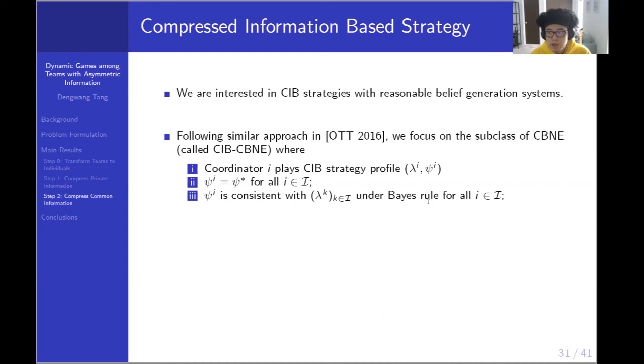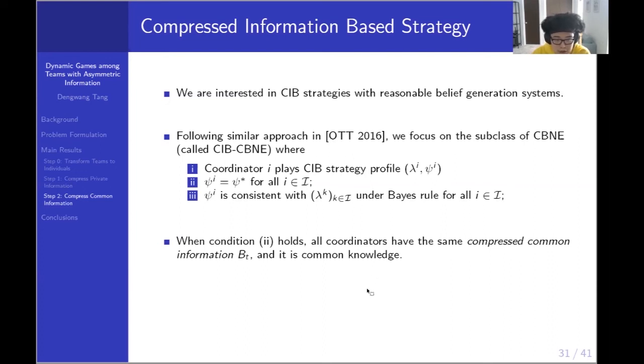Recall that those beliefs are essentially strategy dependent, and here, because we don't know the strategy, we use this belief generation function to generate those beliefs. But at the end of the day, we want these generation systems to reflect objective reality. So we want them to be consistent with the strategies under Bayes' rule. So this gives us a subclass of strategies.